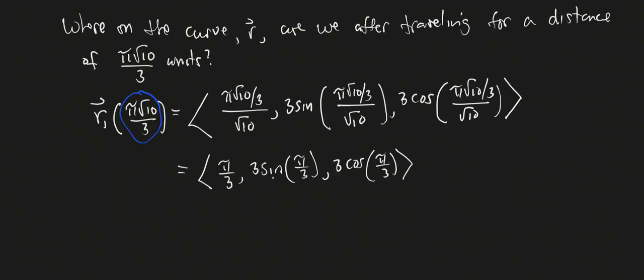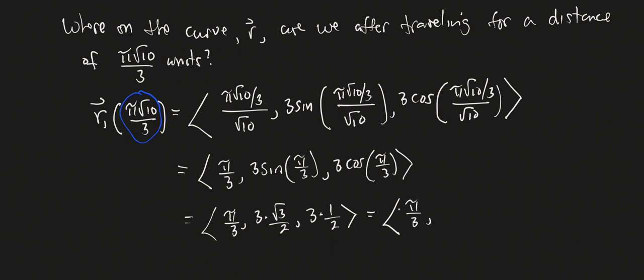Now, the sine of pi over 3 is root 3 over 2. So we have pi over 3, this is 3 times root 3 over 2, and the cosine of pi over 3 is 1/2, so 3 times 1/2. So here's our position.